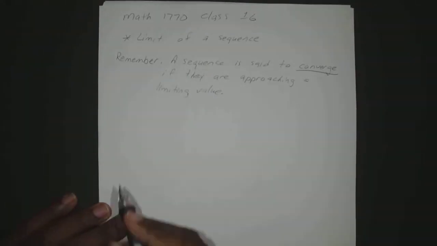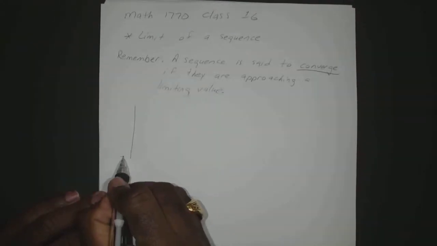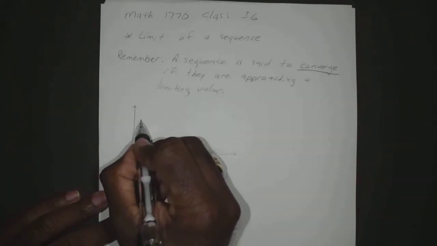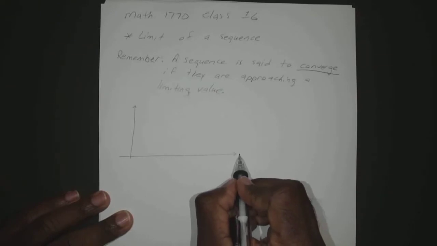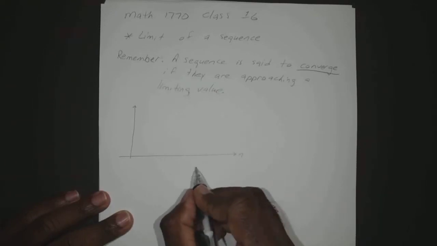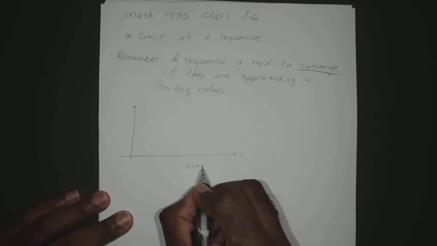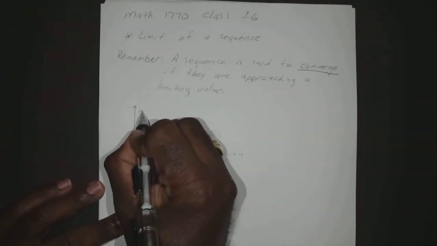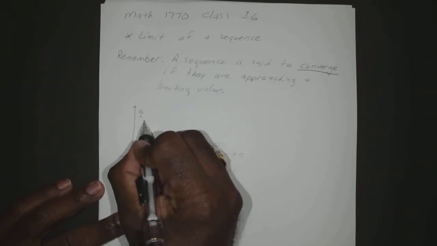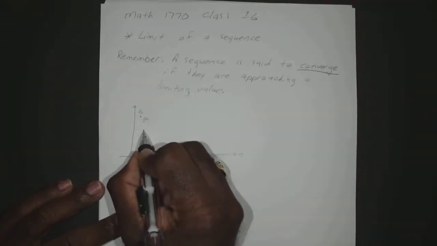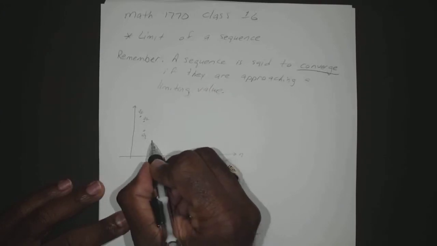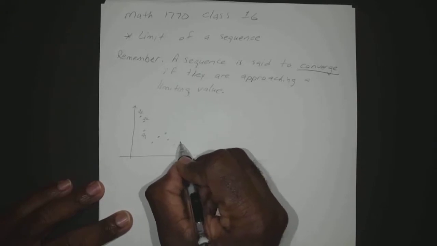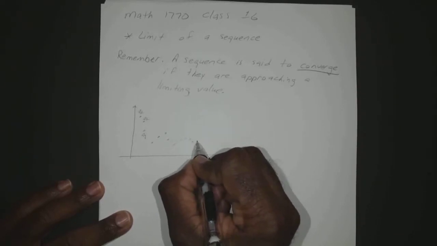Okay. So in other words, let's say you have all of your n values, as n approaches infinity, and this is your a1, this is your a2, this is your a3, a4, a5, a6, a7, a8, 9, 10, 11, 12, and so forth.